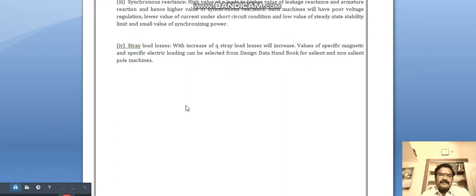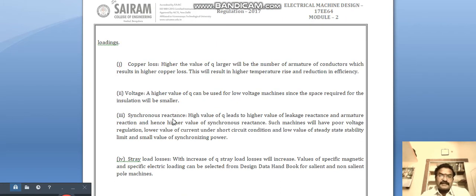Next is the synchronous reactance. A higher value of Q leads to a higher value of leakage reactance and armature reaction, and hence a higher value of synchronous reactance. Such machines will have poor voltage regulation, a lower value of current under short circuit conditions, low steady state stability limits, and a small value of synchronizing power.